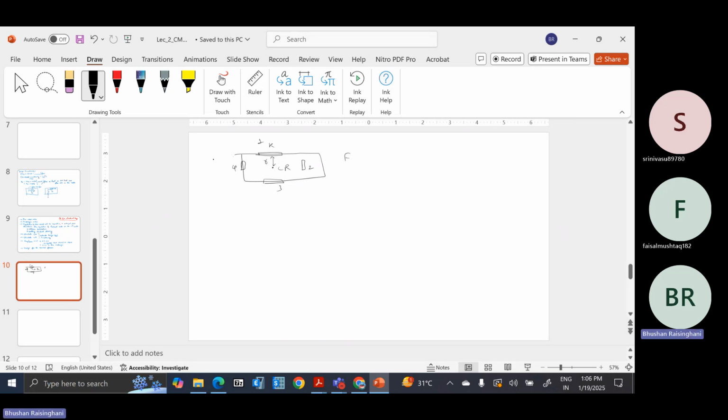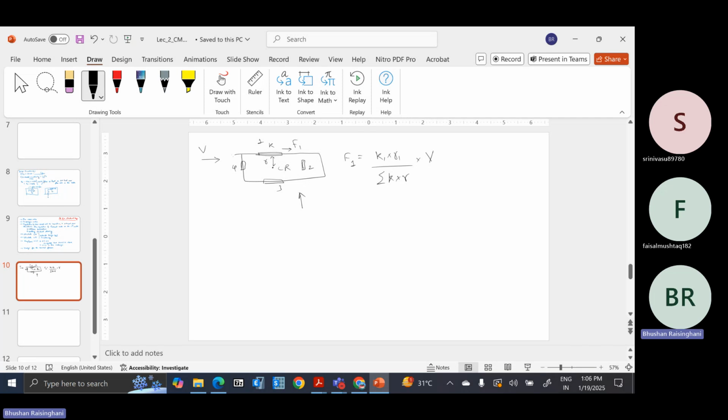Then whatever lateral force is coming, how will it be distributed in both directions? That is to be estimated. We want the force in this particular shear wall 1. The force in 1 will be K1 into R1 upon sigma K into R into the total base shear. So you will get your value F1.